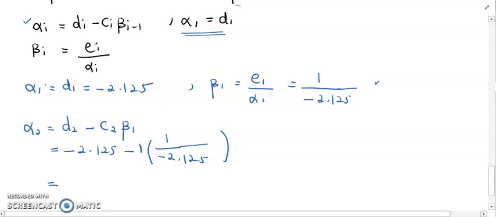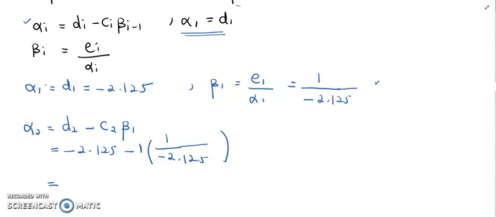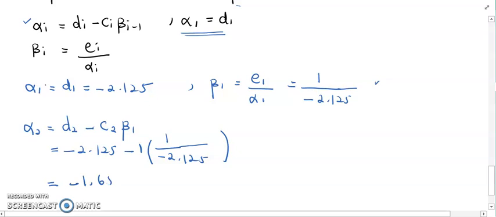We can simplify this using a calculator, and the value for alpha 2 is negative 1.6544.